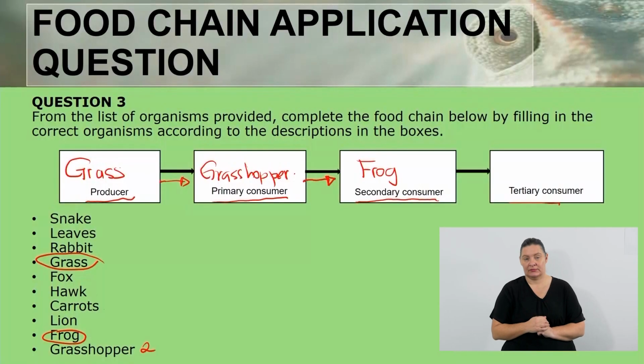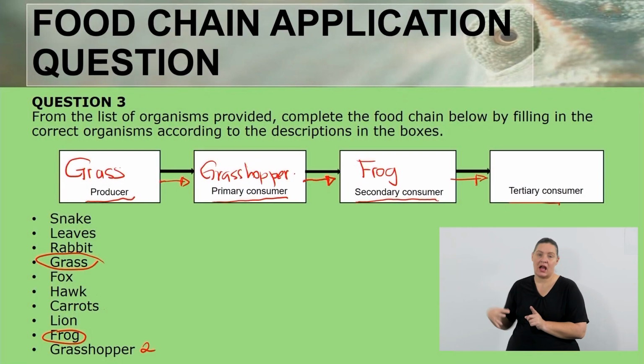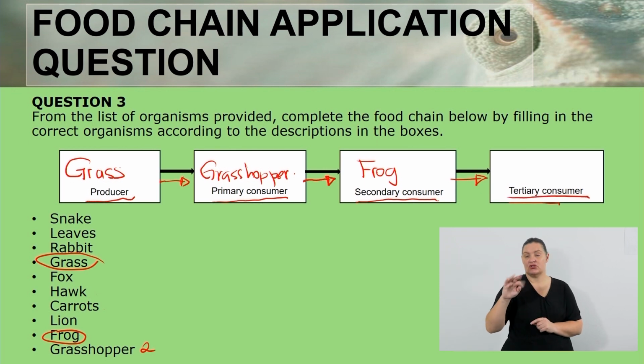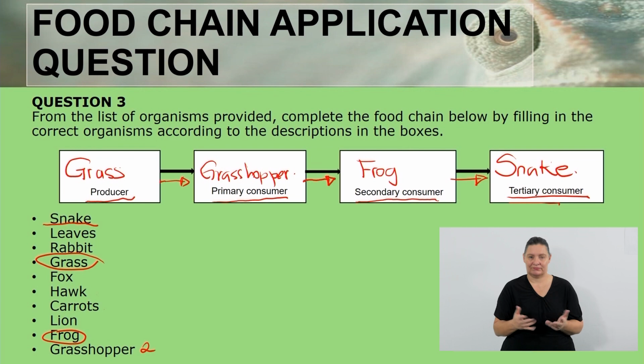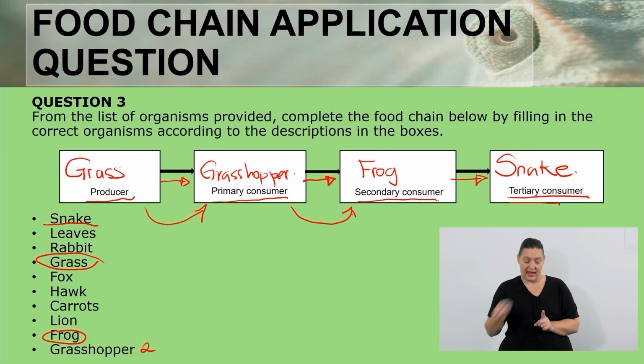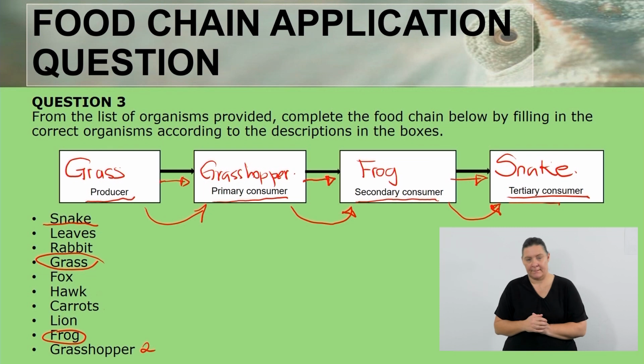And then the frog is eaten by our tertiary consumer. The tertiary consumer from the list, let's put the snake there. So that is our food chain. The grass is being eaten by the grasshopper. The grasshopper is then eaten by the frog. The frog is then eaten by the snake. So that is the interaction using feeding relationships between these organisms.